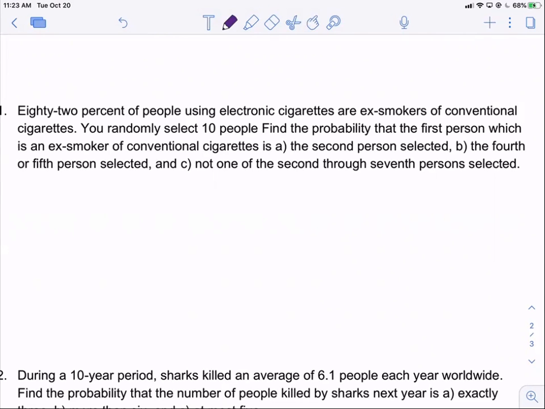I heard binomial. Why binomial? Okay, so we have a fixed number. N equals 10.